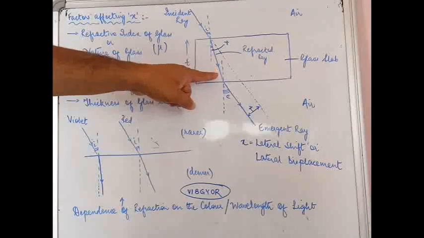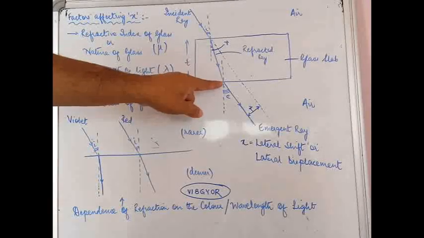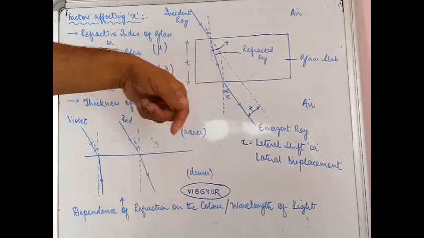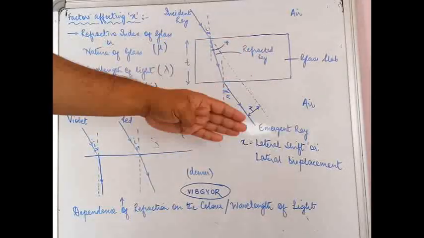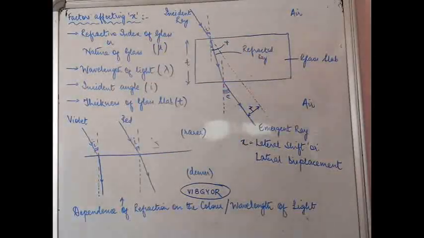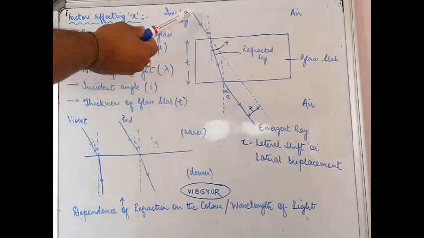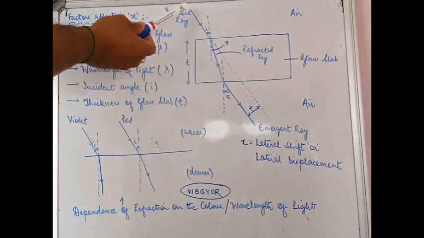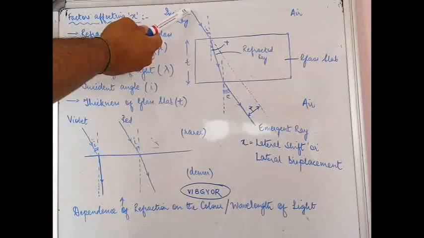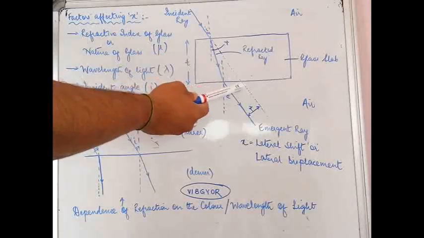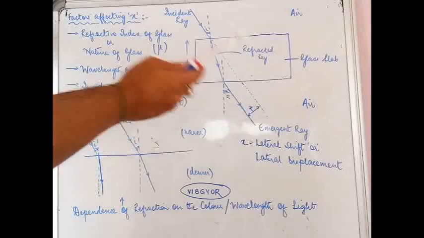Now, when this ray of light reaches the surface of separation once again, this time the ray will bend away from the normal because it is coming from the denser into the rarer medium. Based on that same concept, the same diagram has been drawn; this is a more properly labeled diagram. This was the original direction of the ray, so I have produced that forward.